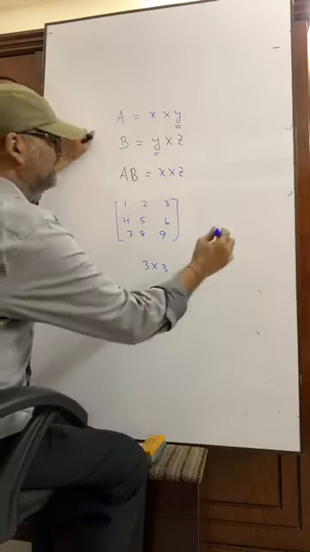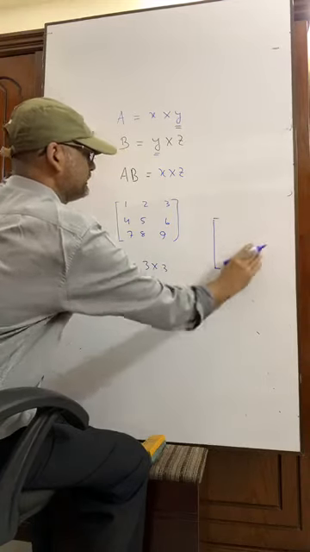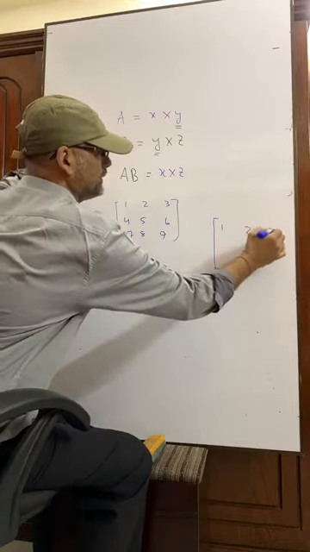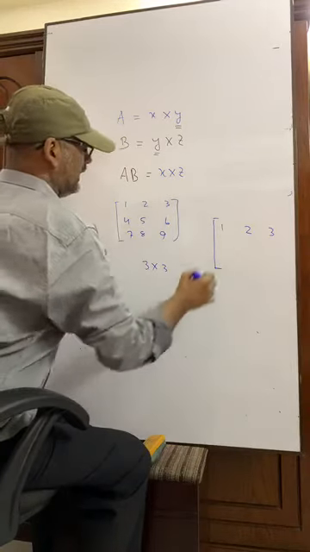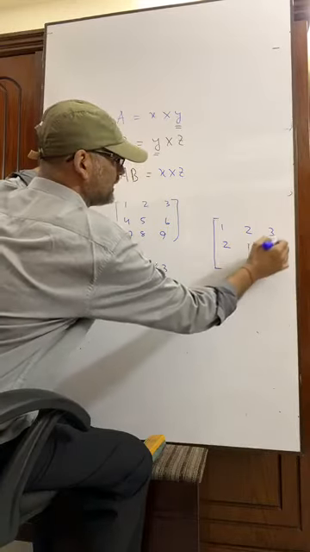Another matrix is written, suppose 1, 2, 3, and then 2, 1, 6.